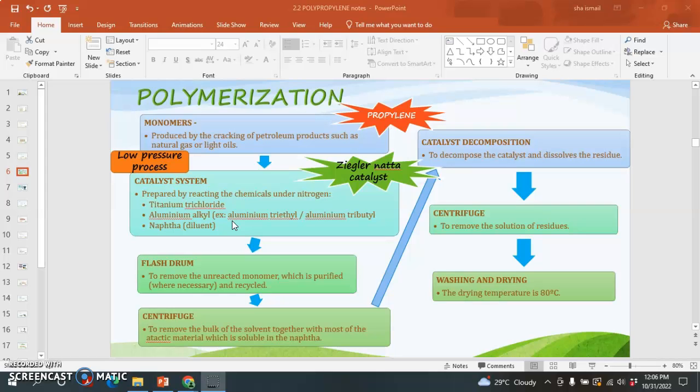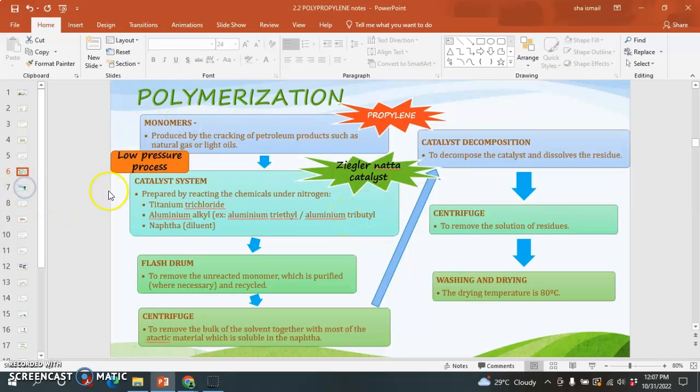Of course, the catalyst must be removed from the system because we use a heterogeneous catalyst system, which involves a transition metal. We remove the catalyst from the polymer, go to the centrifuge to remove the solution residue, and the last step is washing and drying.